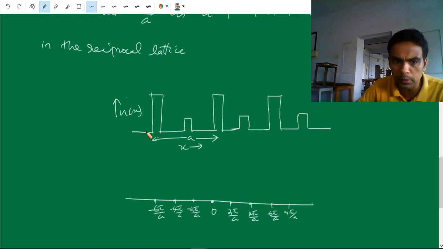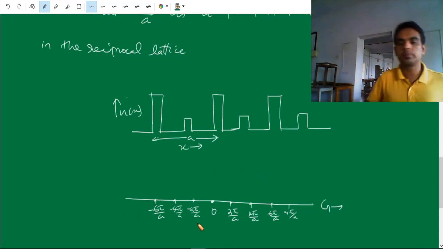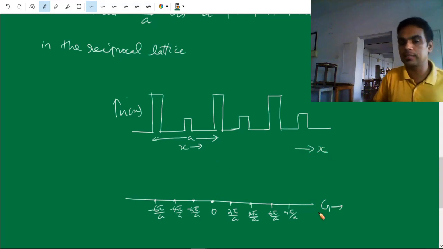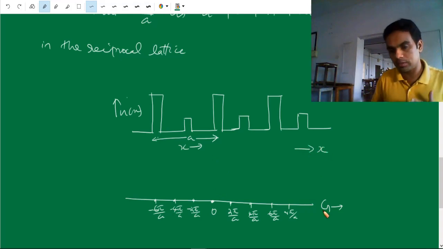So corresponding to n of x, all these terms contribute. So in this axis, this is x, and this is actually 1 by a, 2 pi by a.